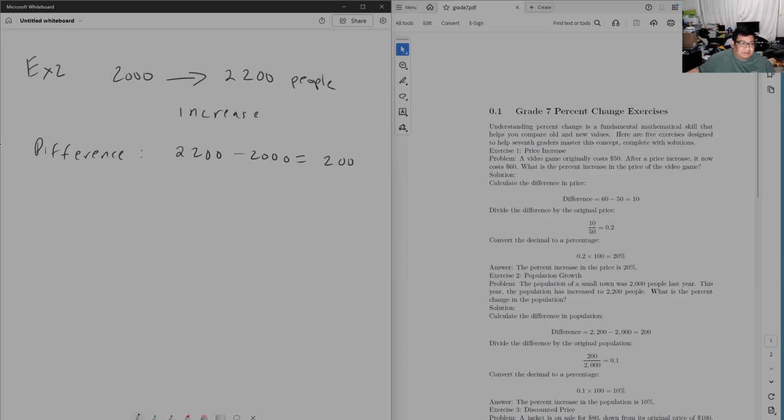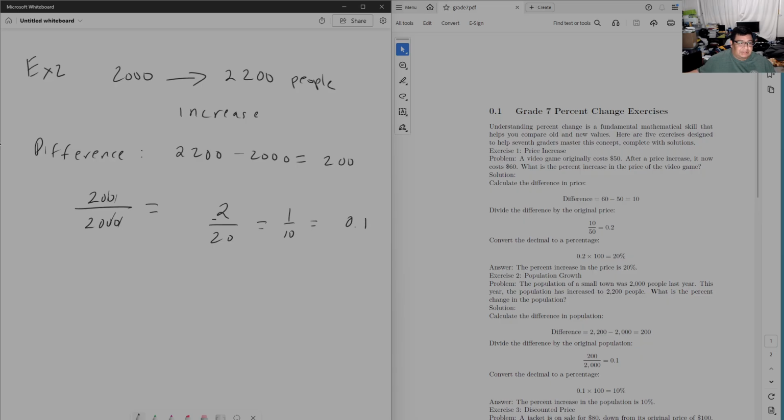That's going to be 200 over 2,000. So you can cancel 2 zeros, and you're going to get 2 over 20, and that's going to be equal to 1 over 10.